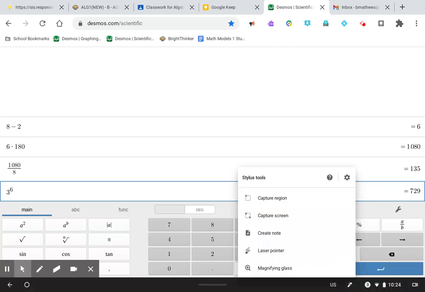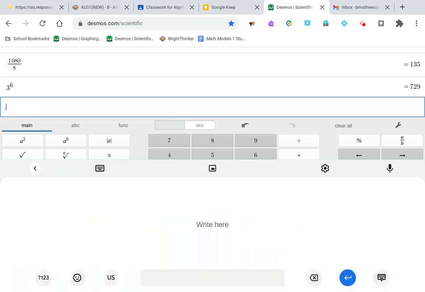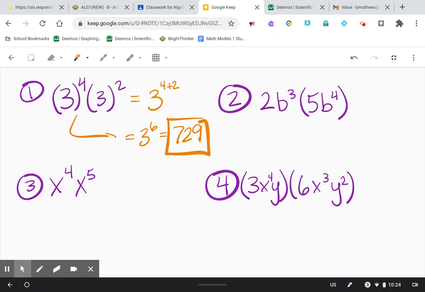When I did that, I used this button here. So I did 3 raised to the 6th power, and we get 729. And so that would be the answer for that. But the key here is that you got through to this using the property.